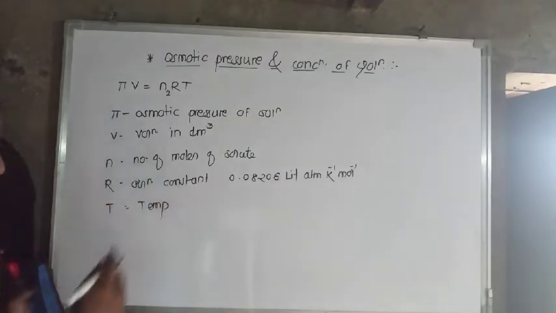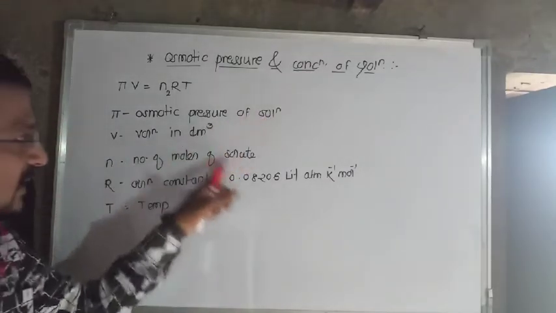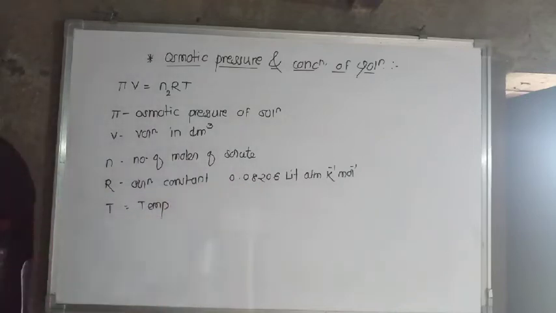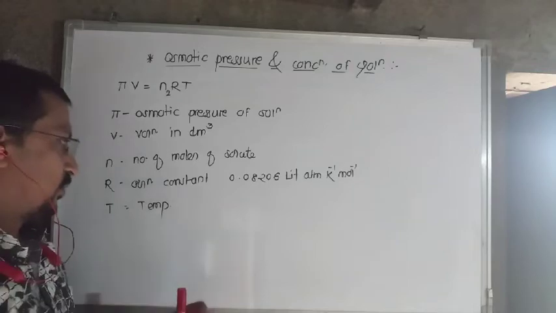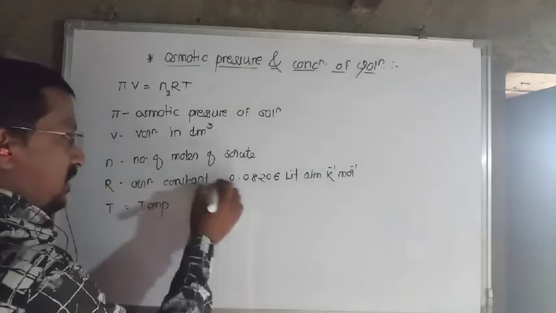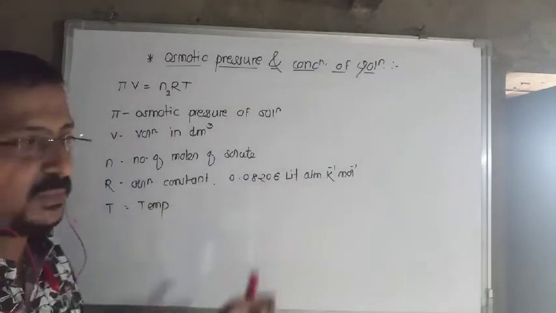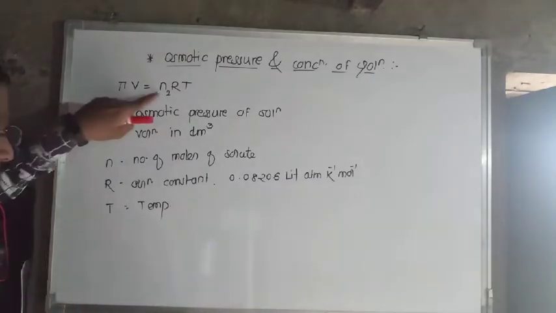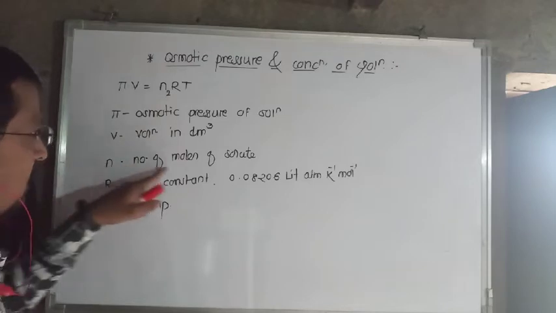So instead of gas, I write solutions in the case of osmotic pressure. R is the solution constant, with the same value of 0.08206 liter atmosphere per Kelvin per mole, or 8.314 joule per Kelvin per mole. Now in this case n2 is the number of moles of solute.